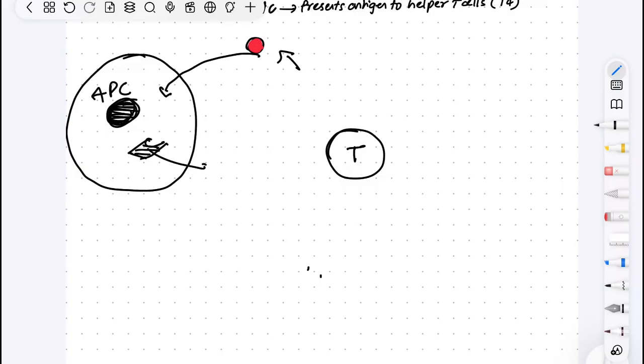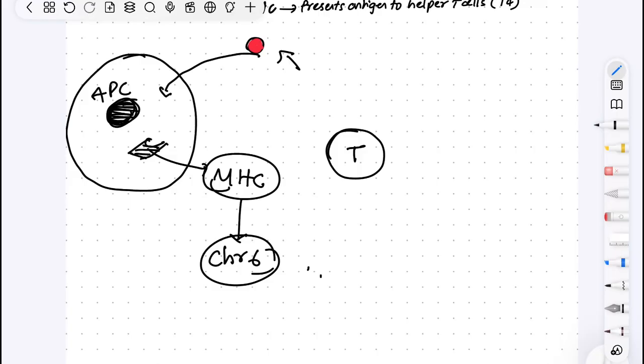Now, what is this major histocompatibility complex? This MHC is present on chromosome 6 of humans. Okay, it is a protein basically. This MHC is a protein which is present in almost all the nucleated cells, so mainly in the antigen presenting cells. Okay, so antigen is engulfed by antigen presenting cells.